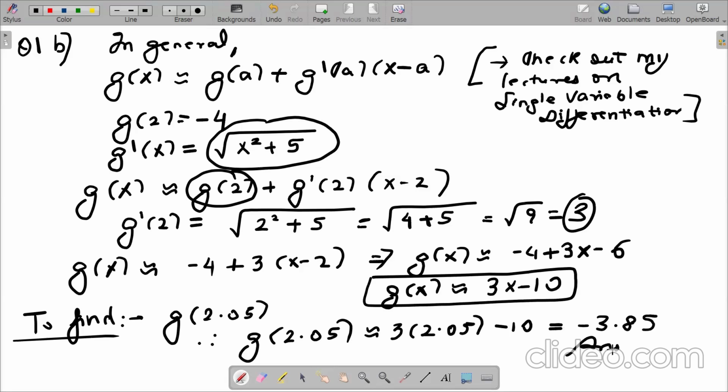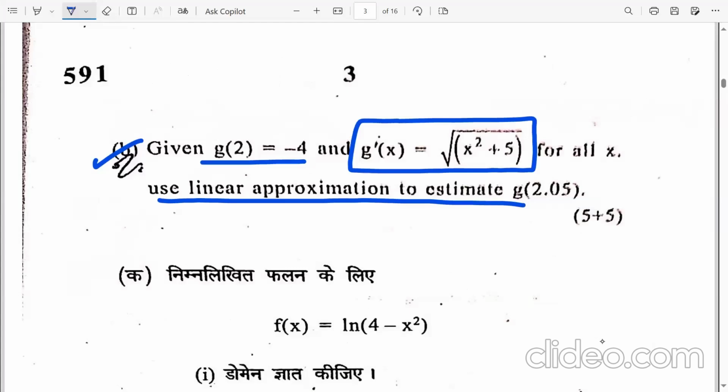This is the answer for question 1 part B, negative 3.85. So hoping all students attending this lecture have understood how we have solved this problem. If I come back to the question paper, we have done question 1 completely.